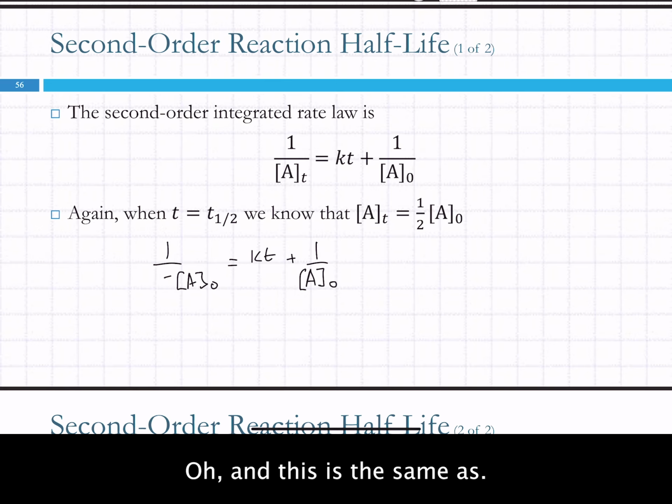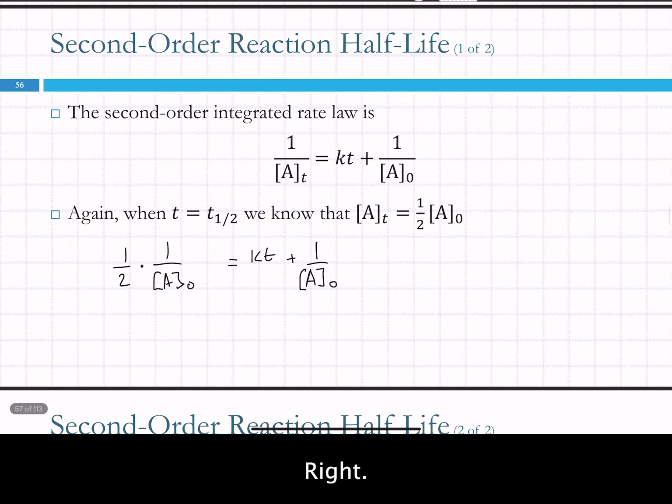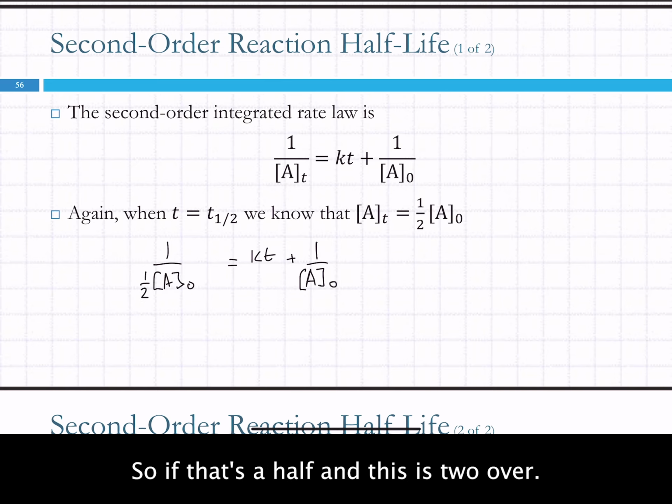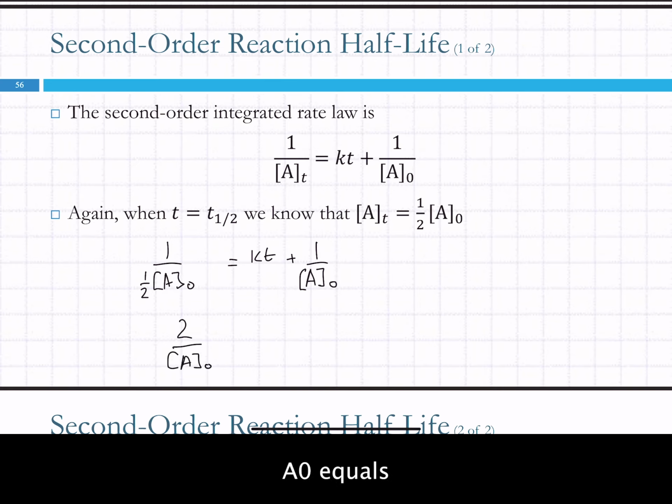Oh, and then this is the same as, no, it's not. This is the same as 2 over A0. So if that's a half, then this is 2 over A0 equals KT plus 1 over A0.